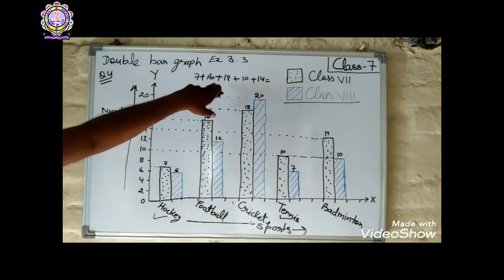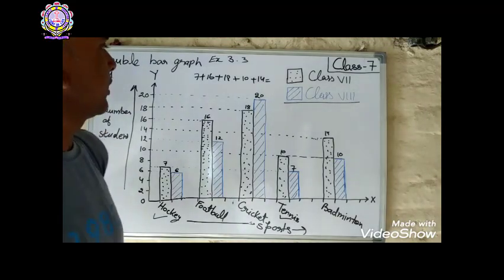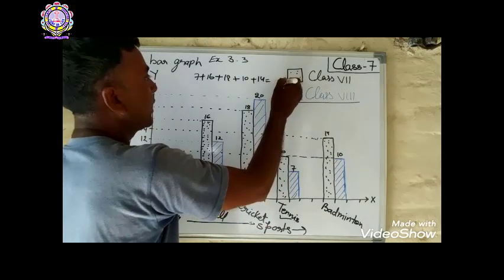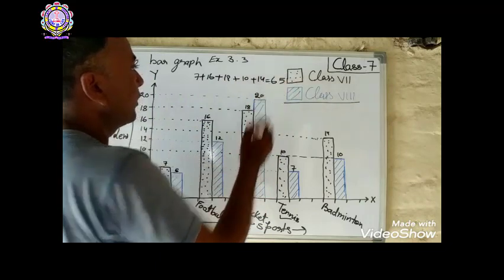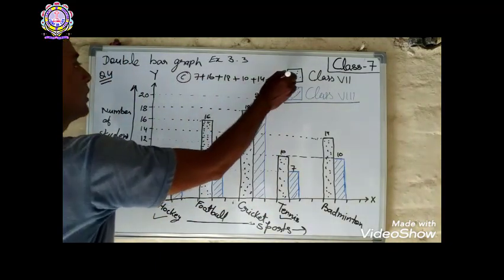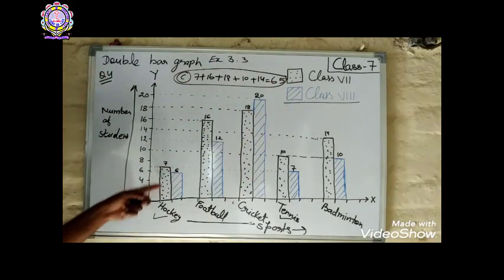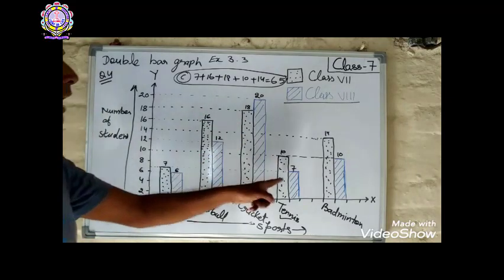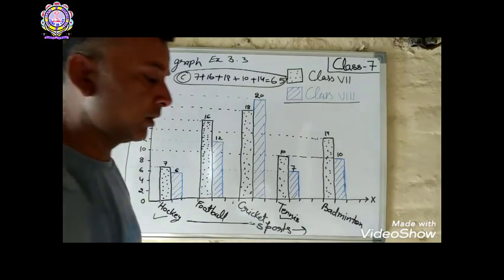That is 65. How many students? 65. C part answer. So add these numbers, the black columns, and you get the number of 7th class students.